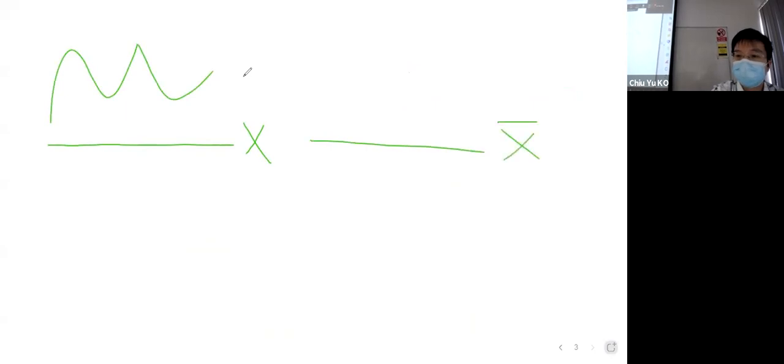When we have data X, I don't care what it looks like. The central limit theorem tells us the mean has to be normal, and that's what the Z test and T test are based on.